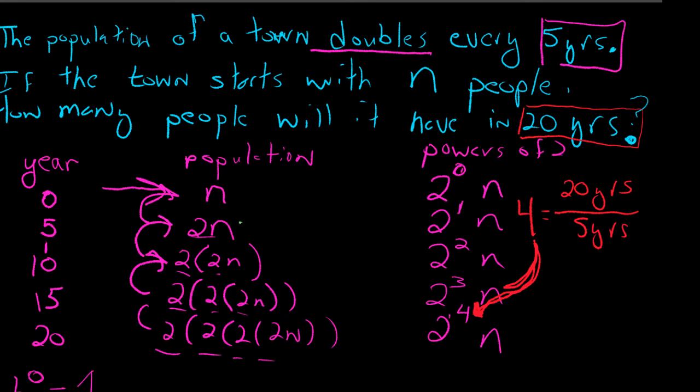And so 5 years later, that's my first double, 2 times n. So the 2 is keeping track of how many times I double. Well, by the time I get to 20 years, I've doubled 4 times. So the 2 to the 4th is a multiplier times the population. But that multiplier comes from these 2 numbers, which are the doubling time and how much time I'm waiting for.